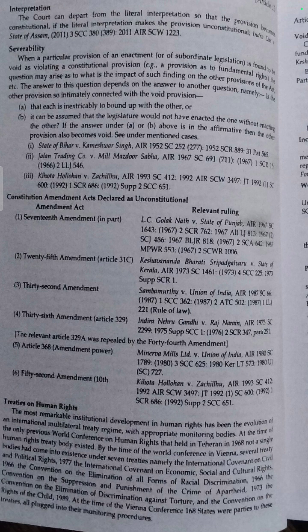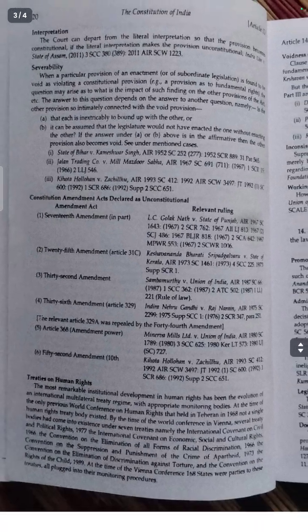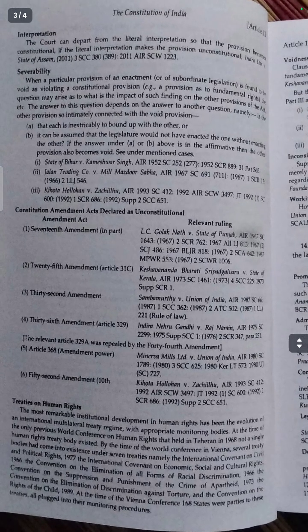The answer depends on another question, namely whether the other provisions are immediately connected with the void provision, each inextricably bound up with the other, so that it can be assumed the legislature would not have enacted one without enacting the other.